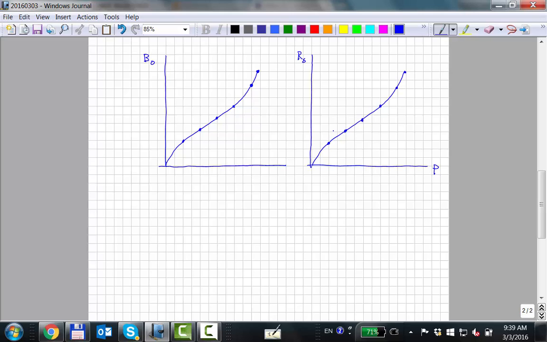Let's put some numbers here. I think from yesterday we had in standard cubic meters per standard cubic meter, we had 200 here, and I had 2 here, and the units here were cubic meter per standard cubic meter. 1 and 0, something like that.